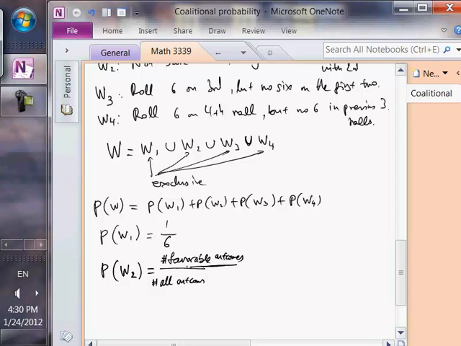You roll twice, and the 6 occurs in your second roll. So what is the total number of outcomes? You roll twice, so 36, okay? Why is it 36? Because you have 6 outcomes the first time and 6 in the second. The denominator, therefore, will be 36.